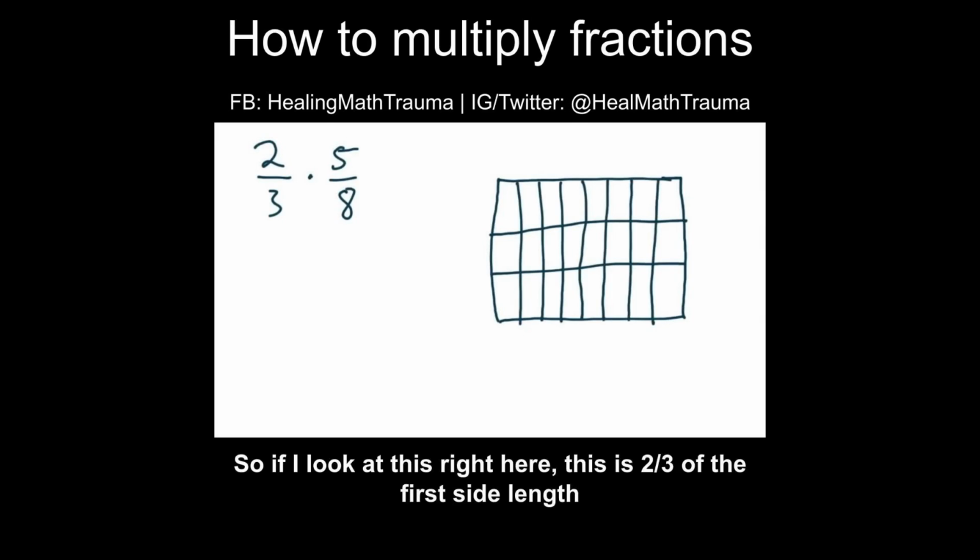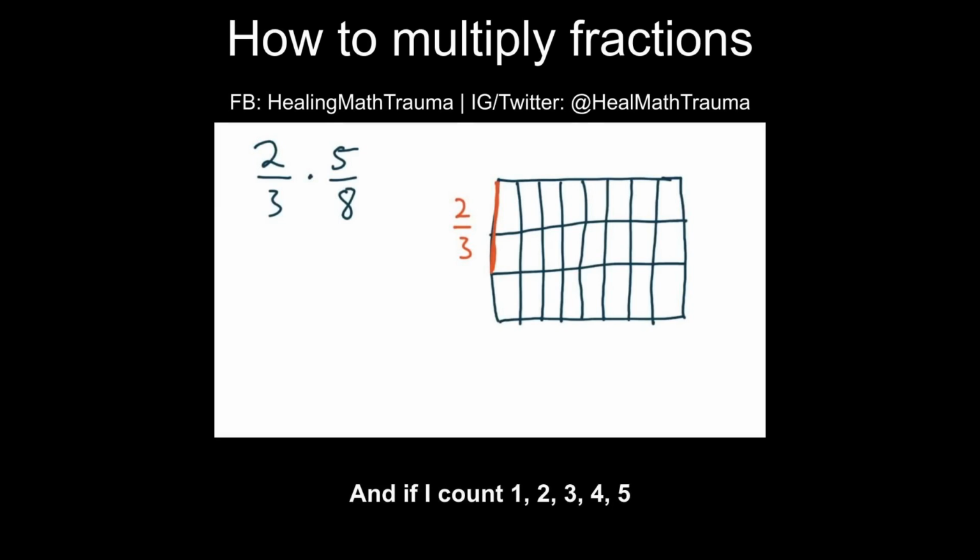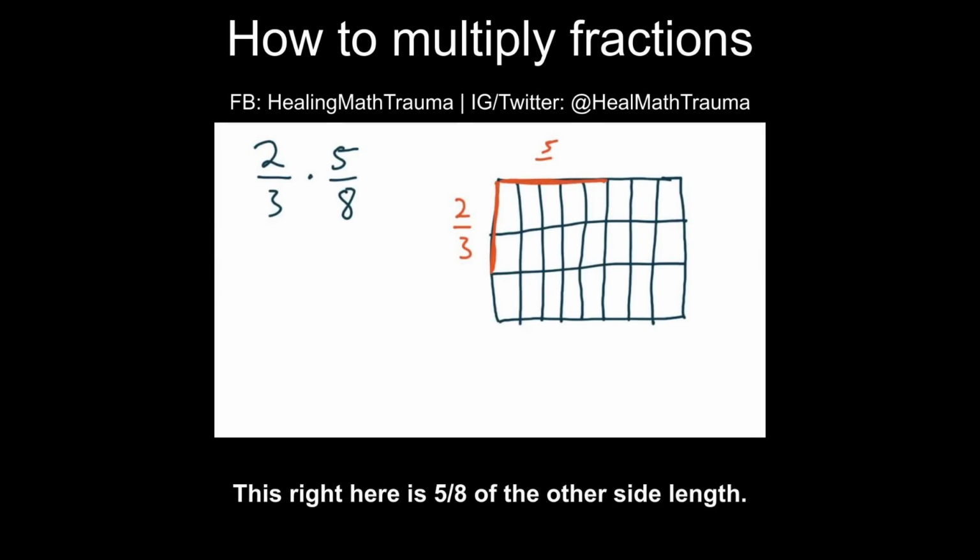So if I look at this right here, this is 2/3 of the first side length. And if I count 1, 2, 3, 4, 5, this right here is 5/8 of the other side length.